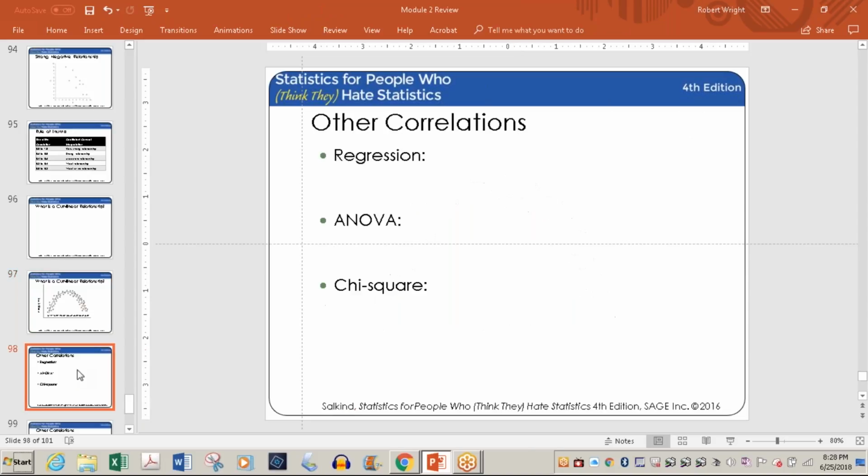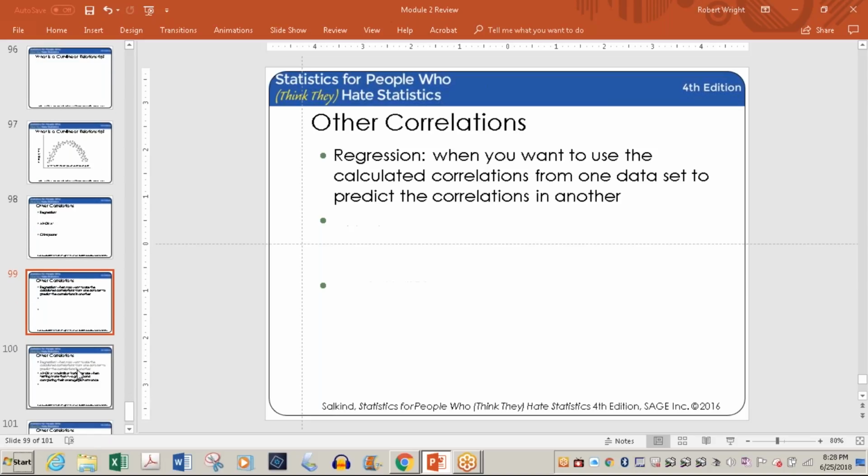We're almost to the end. Other correlations: you'll deal with some here, some you won't, but some of the other techniques you'll hear about are regressions, and you probably hear about linear regression, ANOVA, analysis of variance, and chi-square. Regression is when you want to use correlations from one data set to predict correlations in another.